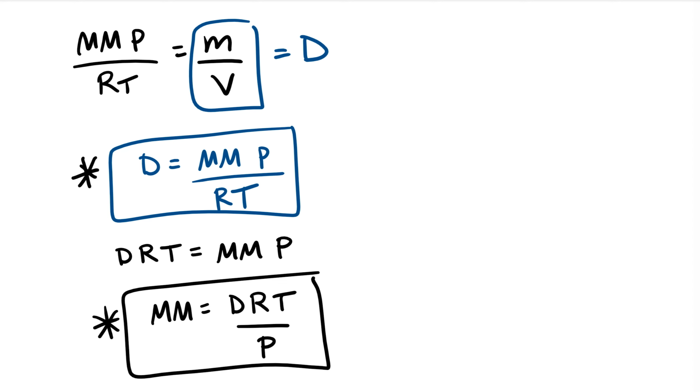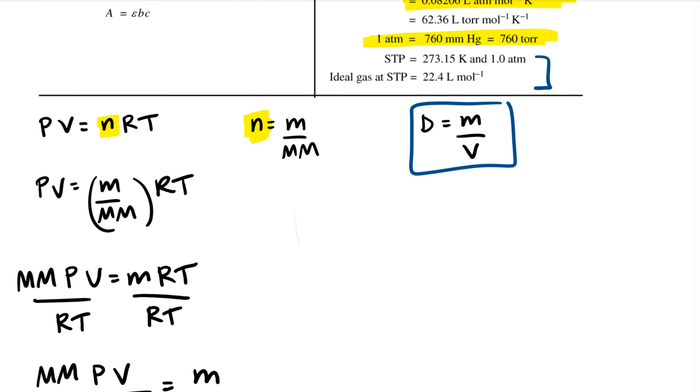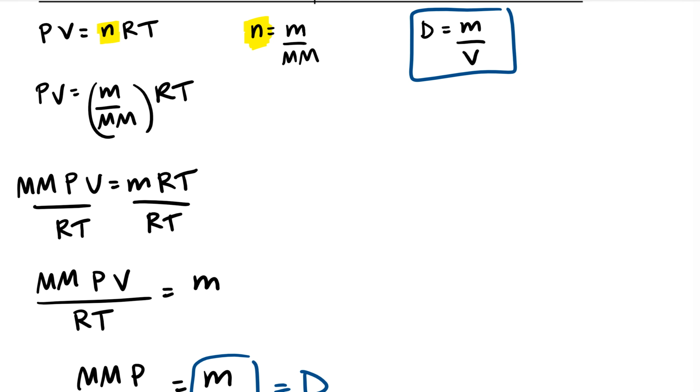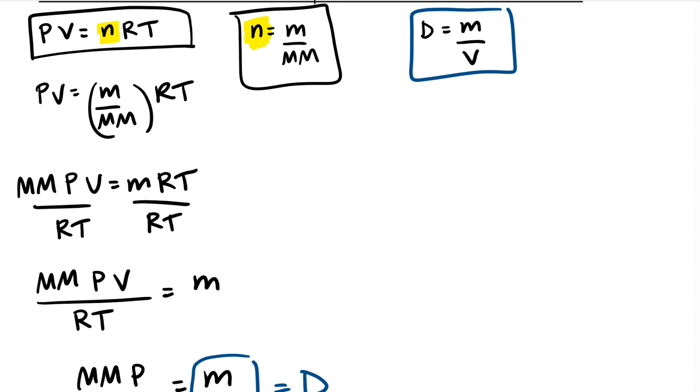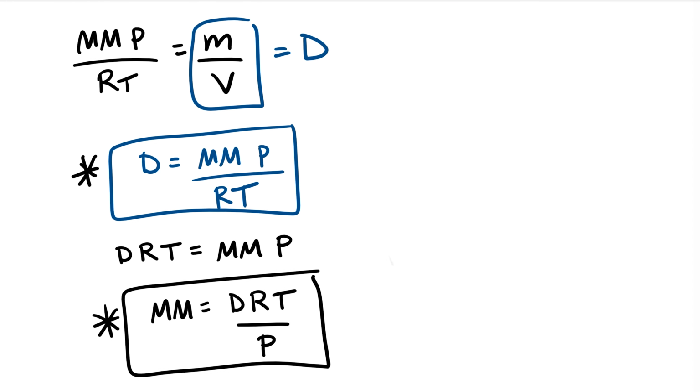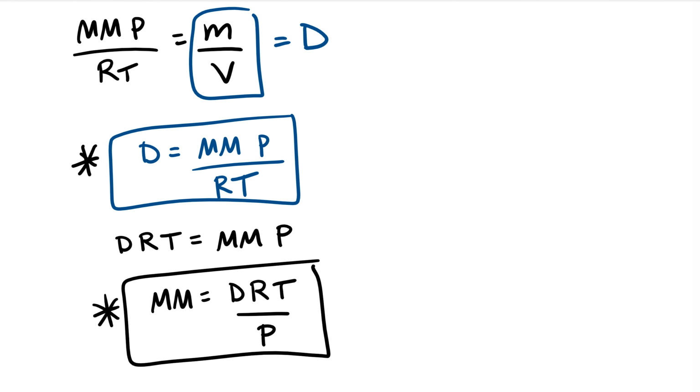You can always use the ideal gas law equation, the mole equation, and your density equation to solve for the density of the gas and the molar mass of the gas. So I would memorize that one. A little wimpy trick that I've learned over the years. It's kind of silly, but it might help you.